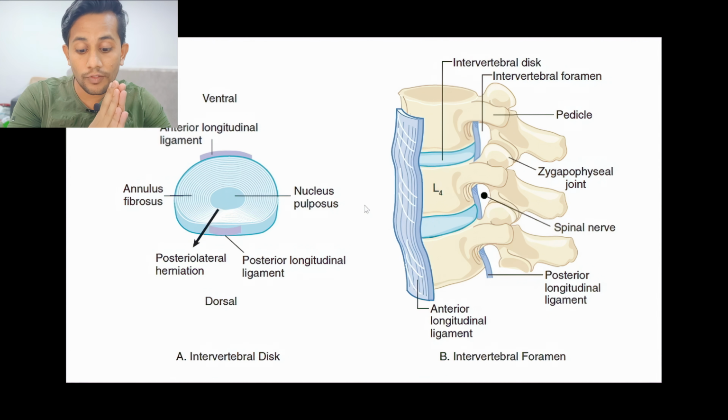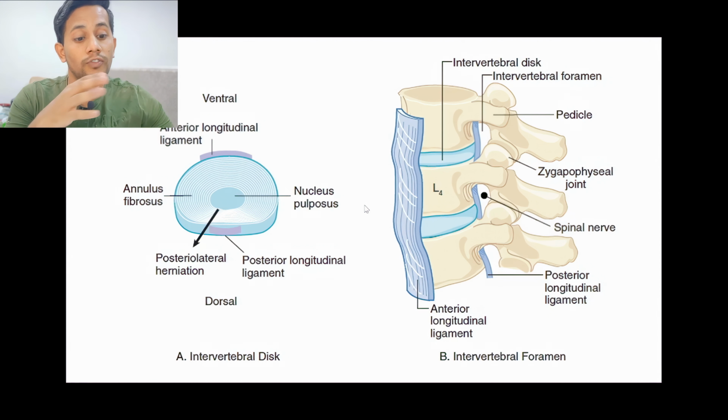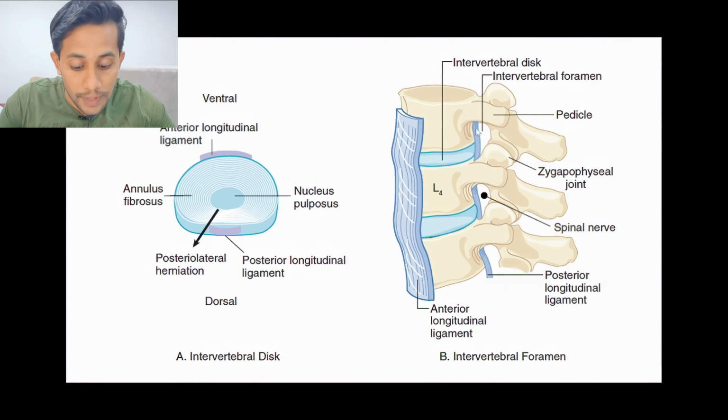So the main reason for that would be because of the boundaries. This is our intervertebral foramen. You see this space, this is where you will have your nerves, and it will be injured because of either the anterior wall of the intervertebral foramen or the posterior wall.